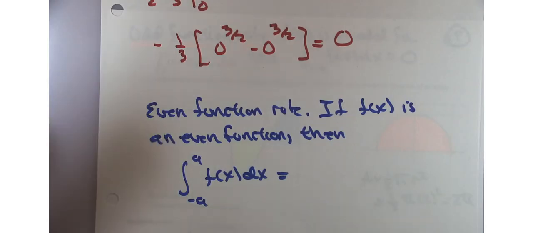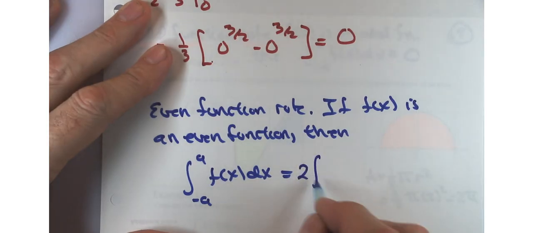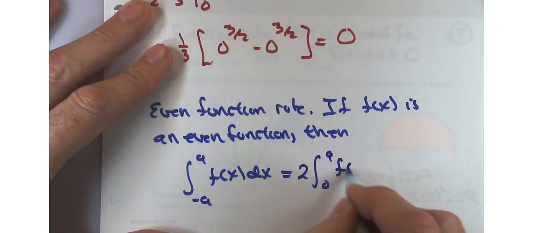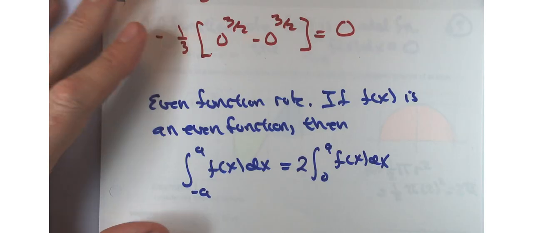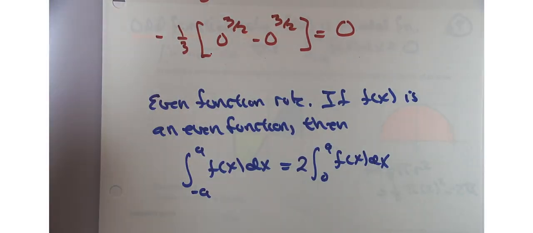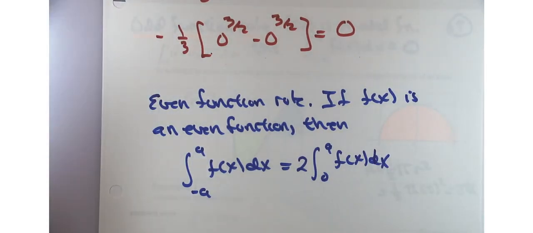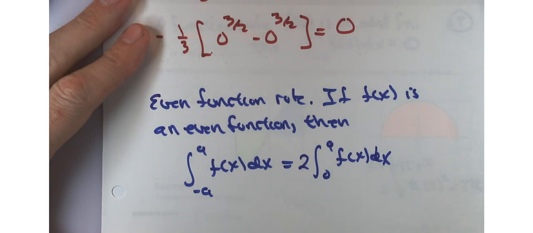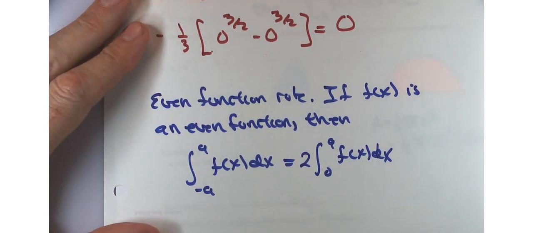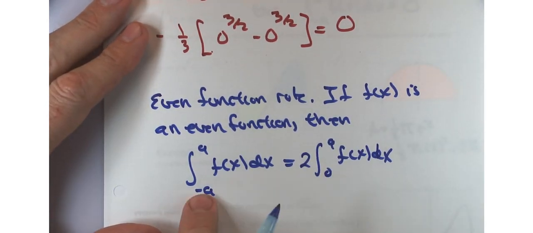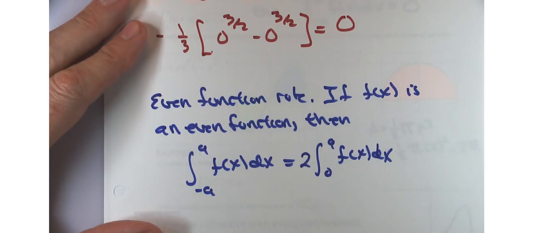In other words, twice the integral from 0 to a of f of x dx. It's not as huge of a savings as the odd function rule, but it is a nice savings. So it's worth doing if you see it. A lot of times it's easier to plug in a 0 than it is to plug in some number. So it can help you simplify things there.